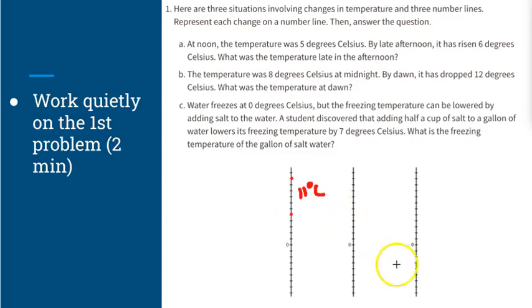Temperature was 8 degrees Celsius at midnight. And it has risen 6 degrees Celsius. So what is the temperature now?